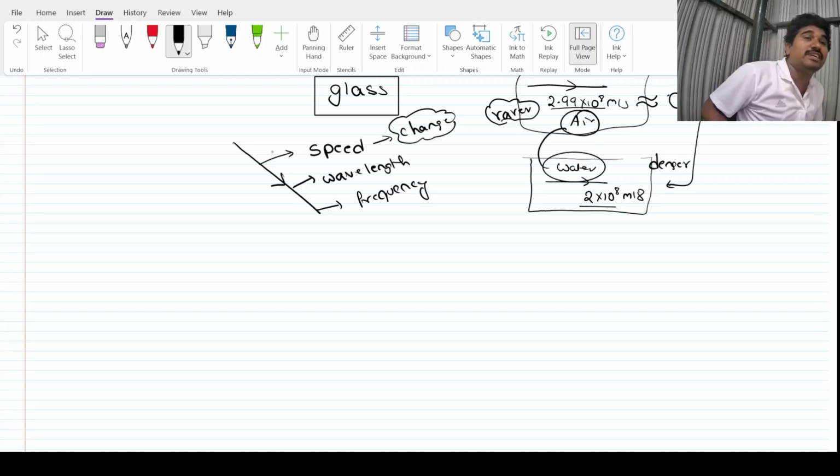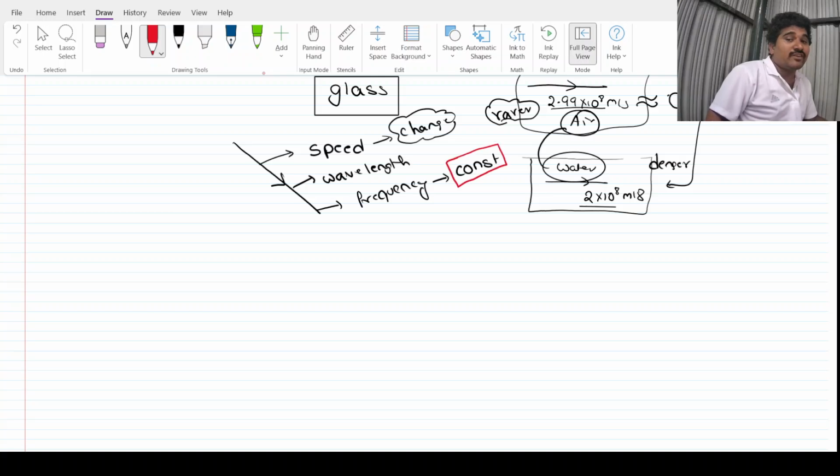When does its speed change? When it is traveling from one medium to another medium.